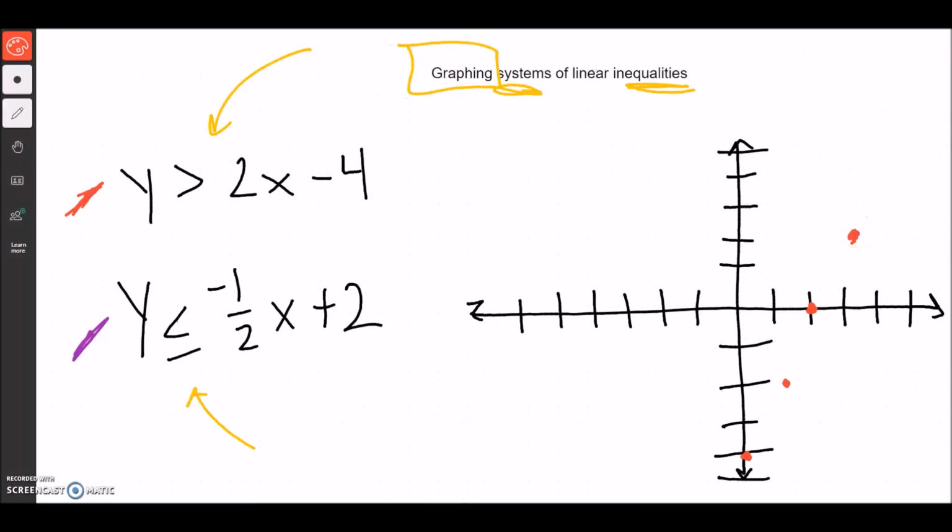This symbol will tell me that I have an open line, or that it's dotted. So I'm going to dot a line, because it doesn't have anything underneath it, so it's dotted or open.